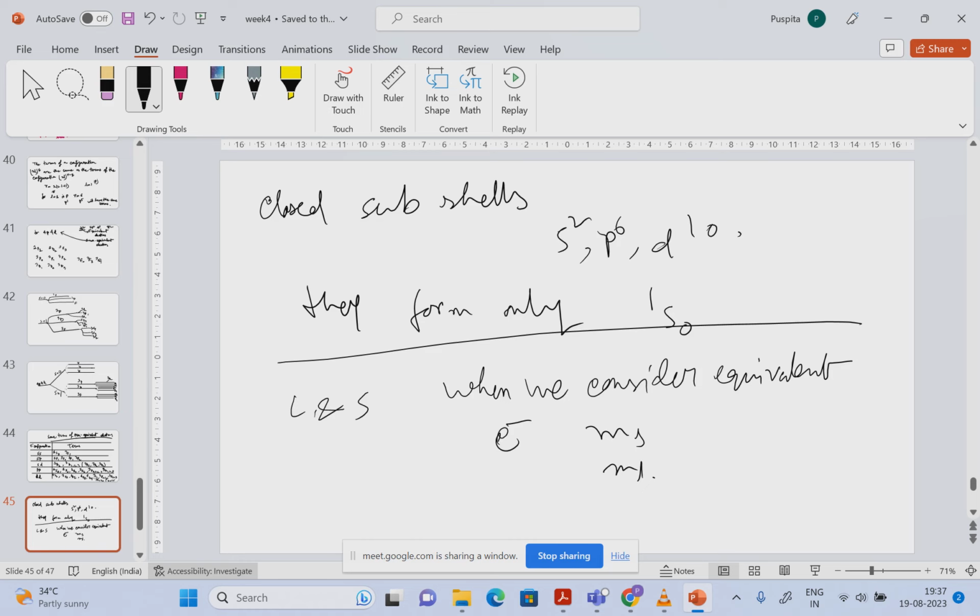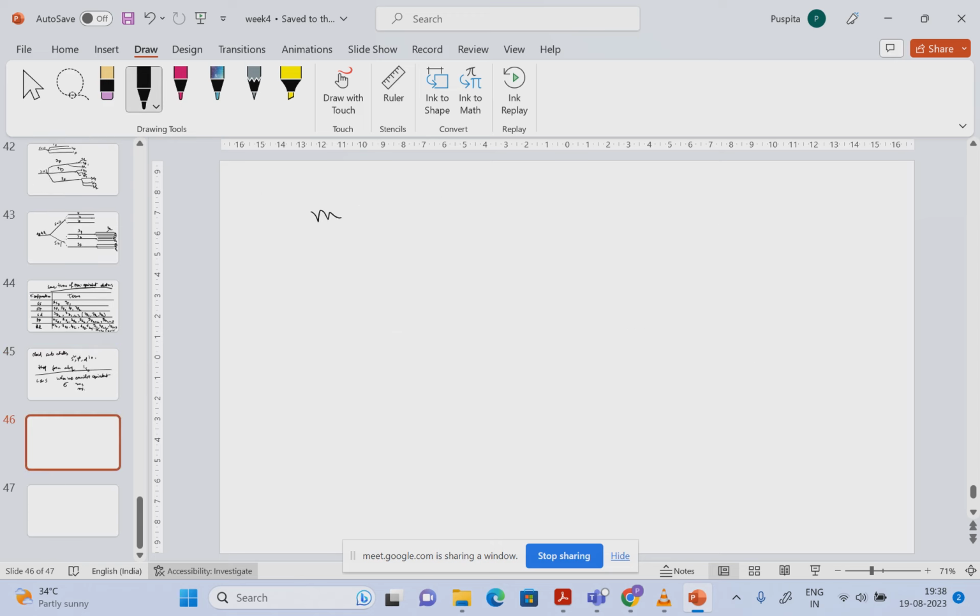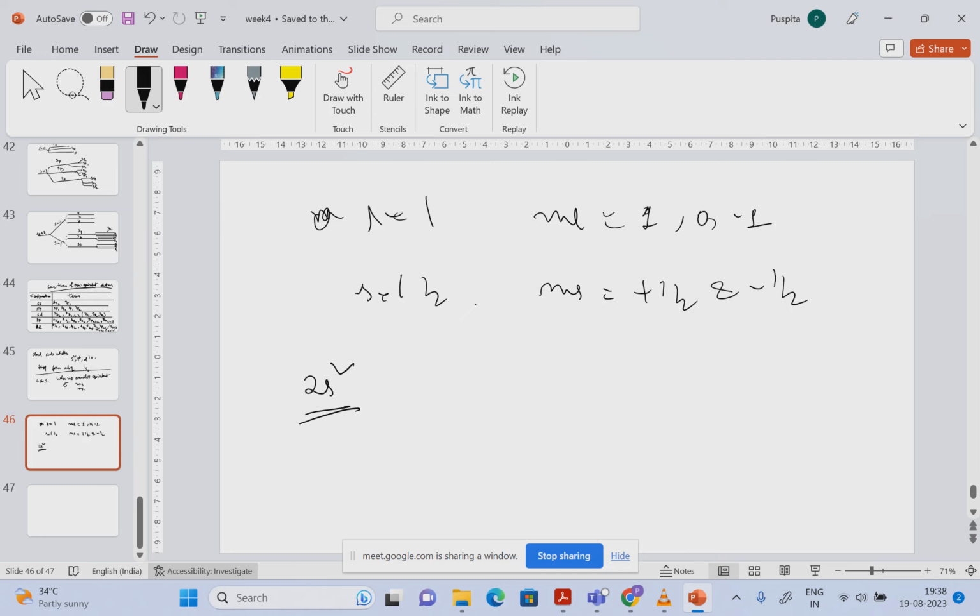Because for equivalent electrons, if L is equal to 1, ML is 1, 0, minus 1. S is equal to half. MS is plus half and minus half. So let us say 2s squared. If for one electron we are considering plus half, the other cannot be plus half, so the other is minus half.